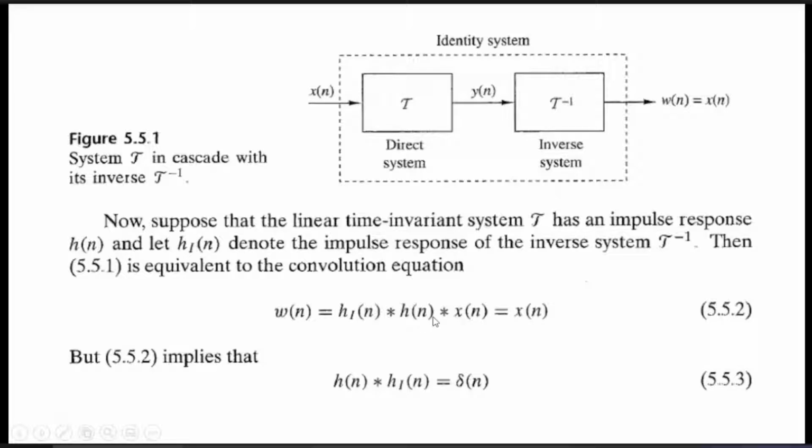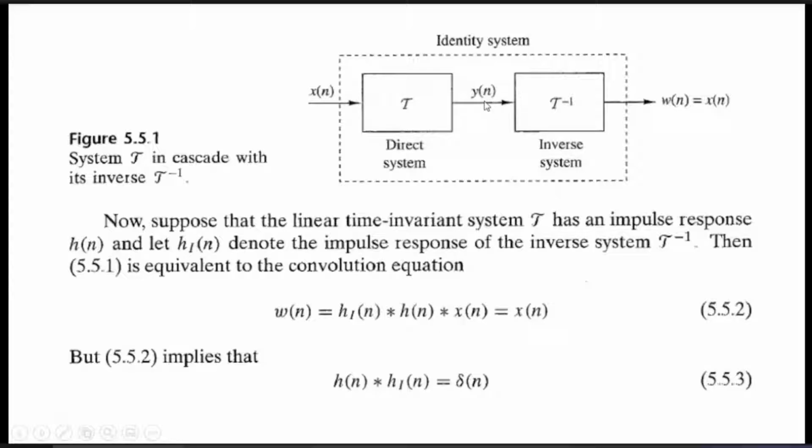So this is written there, suppose h of n is the transfer function of the previous stage, that is the direct system, and the input is x of n, so its output is y of n, which comes from the convolution between x of n and h of n.